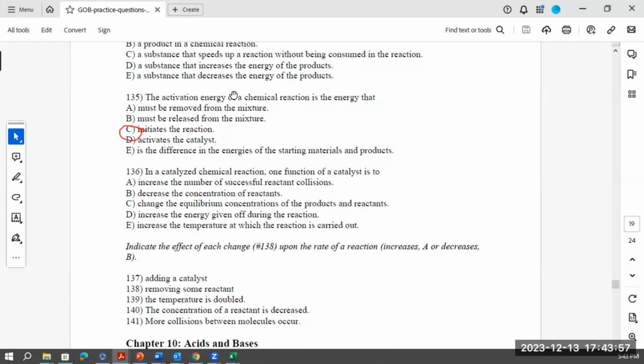The activation energy of a chemical reaction is the energy that is: A, must be removed from the mixture; B, must be released from the mixture; C, initiates the reaction; D, activates the catalyst; E, the difference between the energies of the starting materials and products. It's C. So we know the activation energy is what we have to get started. Remember that big old hump that we have to get over.